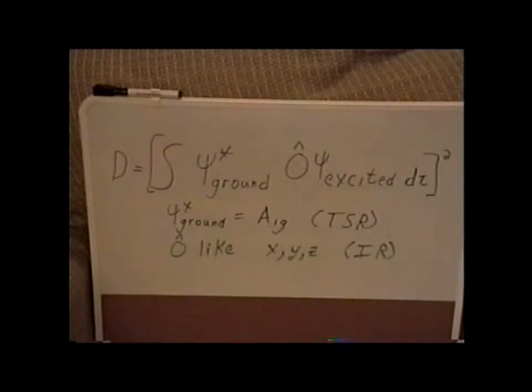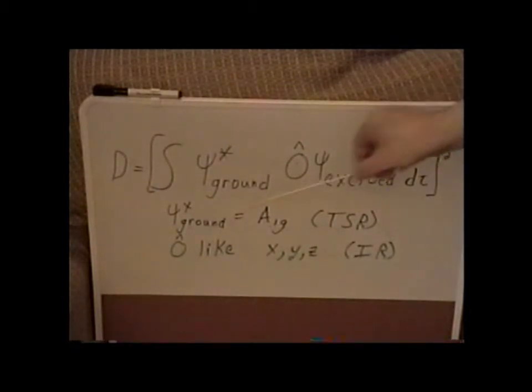But the important thing in any point group is to first recognize which irreducible representation is the totally symmetric representation. As I like to say, all irreducible representations are created equal, but some are more equal than others, and first among the equals would be the totally symmetric representation.